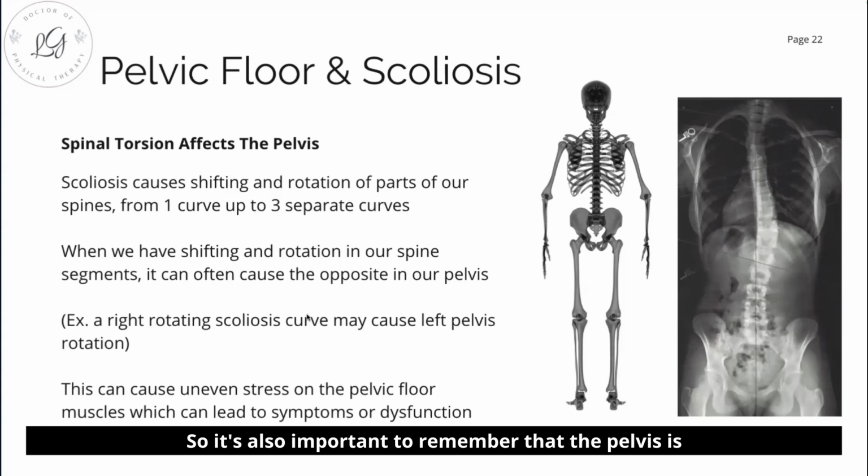So it's also important to remember that the pelvis is comprised of 3 separate bones, which can experience torsion within themselves. The pelvis is not actually a block. The pelvis is made of different bones that can most certainly be impacted by torsion anywhere in the system. And as we all know, that torsion impacts the entire body and not just the spine.